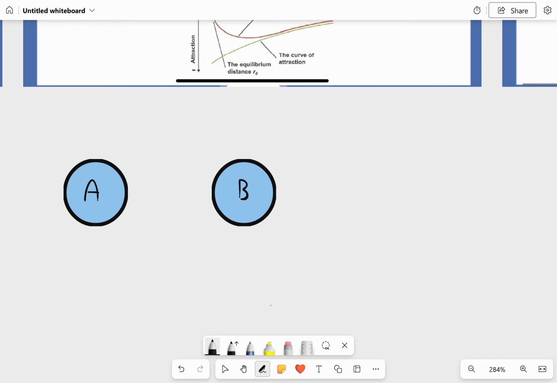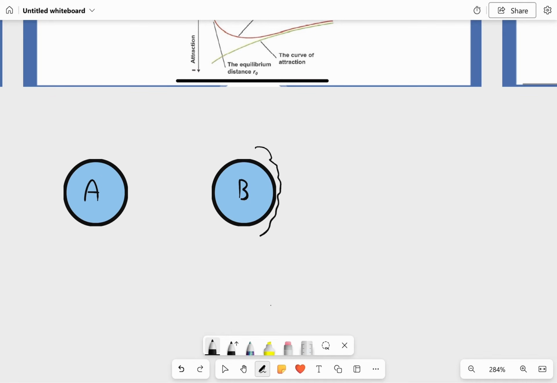Between any two atoms of a substance, there is a force of attraction and repulsion. Now, atoms have a nucleus and they have electrons too. Electrons make a cloud-like something. Let me draw this better.